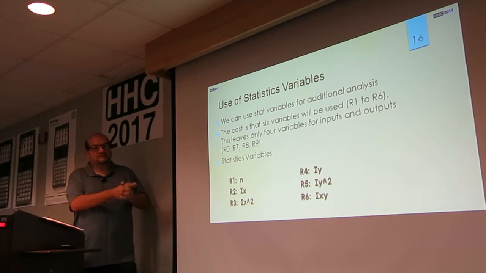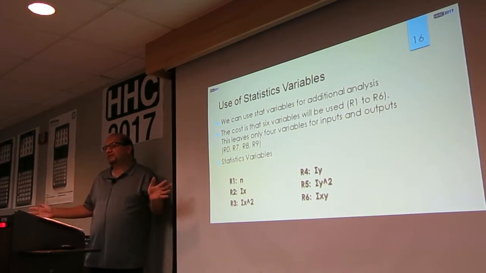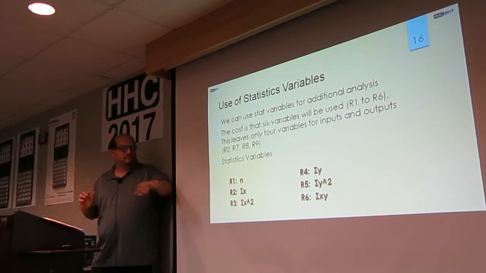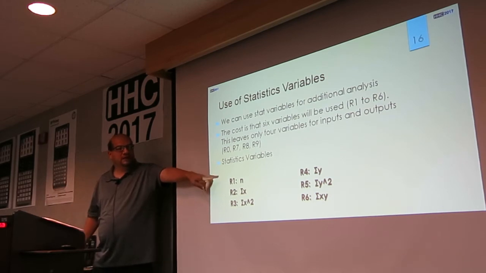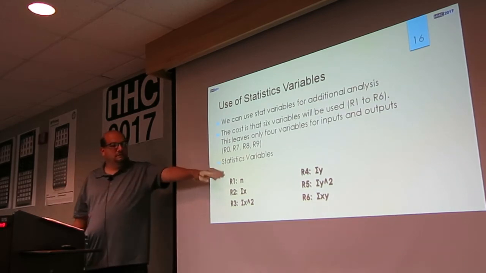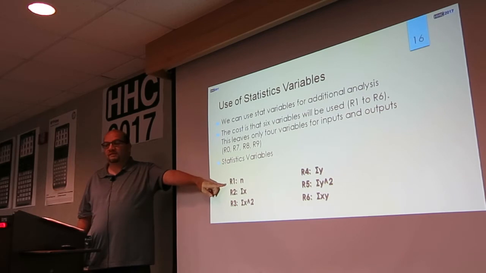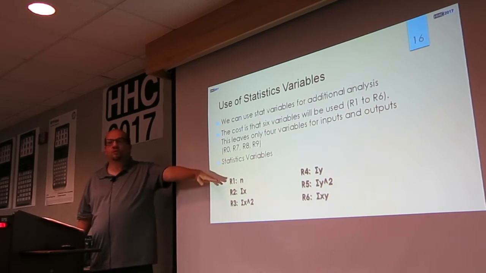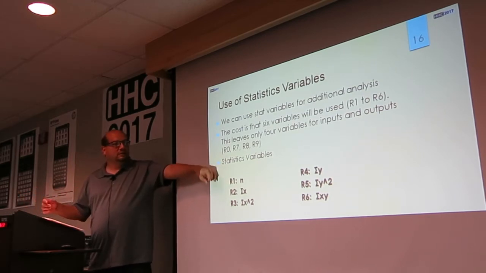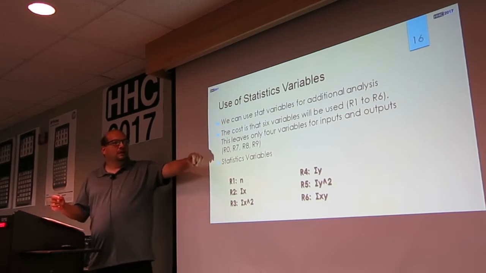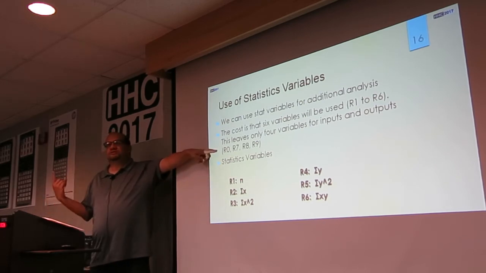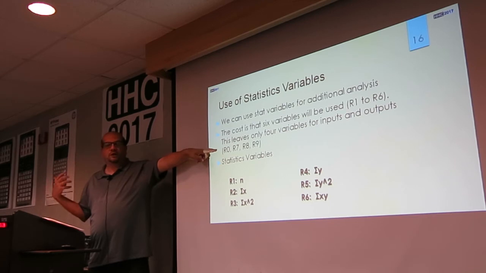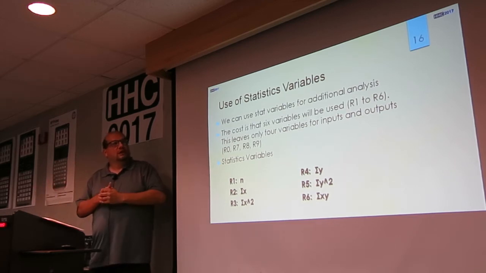Take advantage of statistic values if you have statistical calculations. If you're using anything about the mean, the n, and the sums, like the sum of the x values, sum of the y values, sum of the products, you can use those. But then that will leave you with registers 7, 8, 9, and 0 for other calculations.